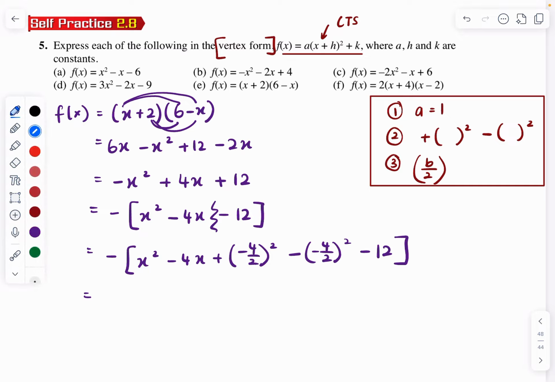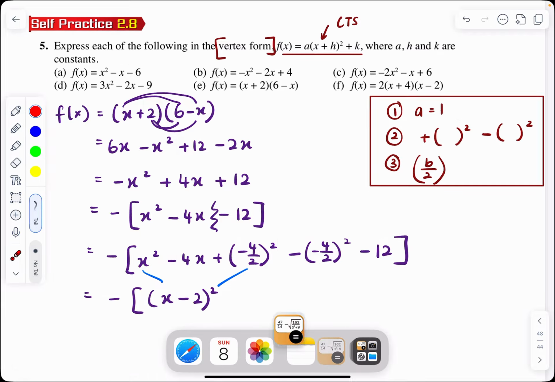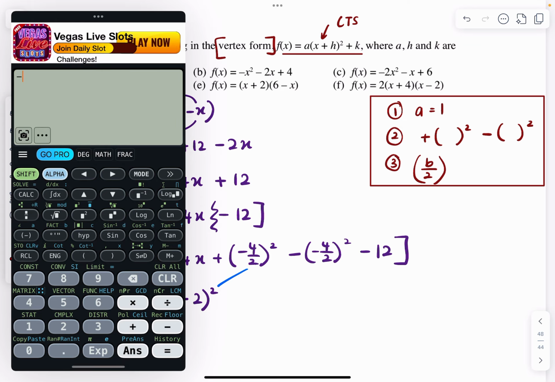Then this one and this one will come together. So get negative x. 4 over 2 will be 2. So minus 2 square. Then this whole thing we can put in the calculator. Negative 4 over 2 square minus 12.